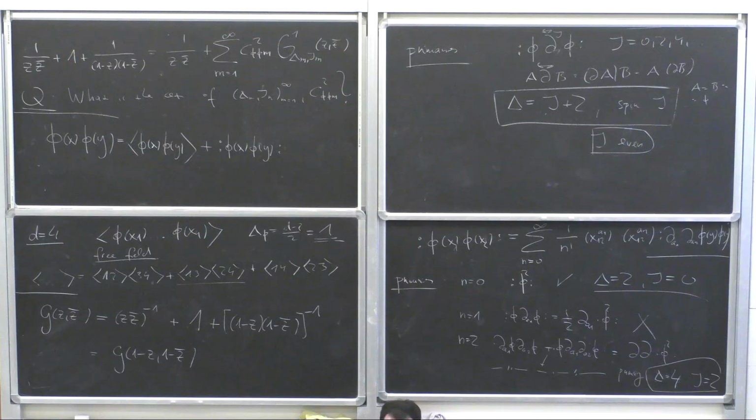Point function. Okay, so we have the 4-point function, which is this graphic G. Maybe let me make it even bigger. Okay, so we said that this one looks like z bar, so zb is z bar, then plus 1 plus that, 1 minus z, 1 minus z bar. So that's the 4-point function.